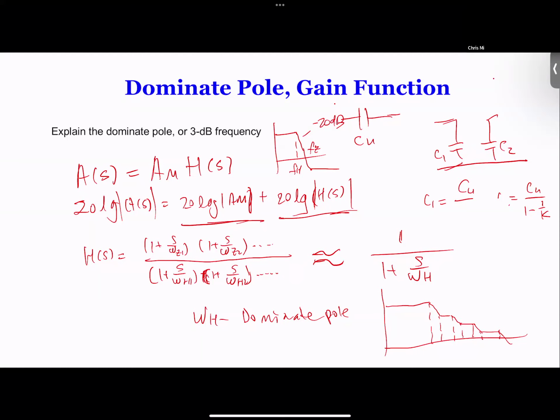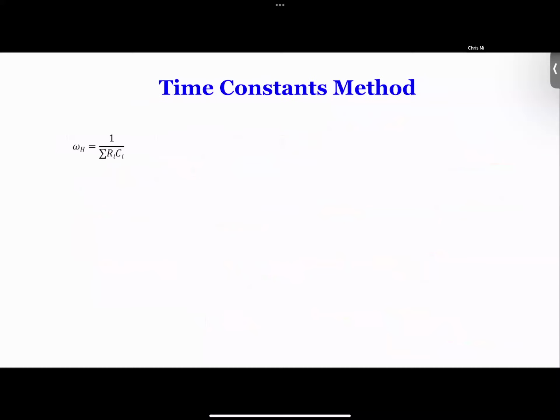So by doing this, what they're saying is that we could actually find omega H to be simply the total, the sum over i, of Ri and Ci.